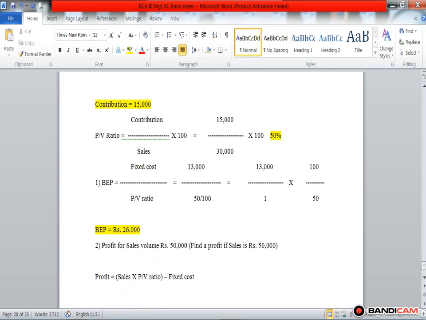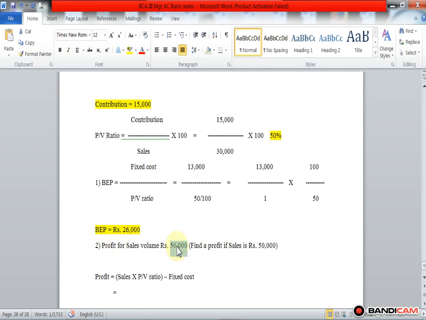So we find the profit on 50,000 sales. Don't take the 30,000 sales here. Consider sales as rupees 50,000.